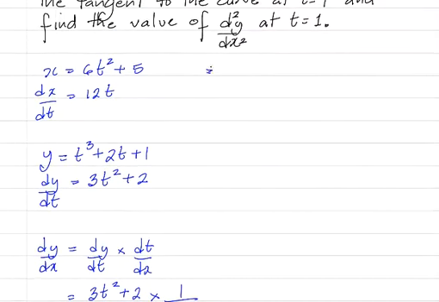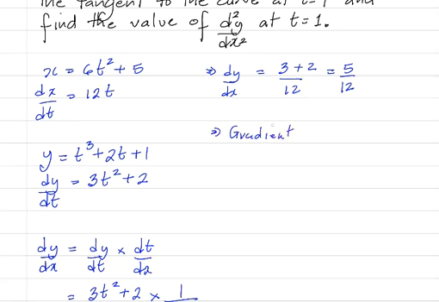Therefore, dy by dx would be equal to 3 plus 2 over 12, which is 5 over 12. So therefore, the gradient of the tangent to the curve at t is equal to 1 is 5 over 12.